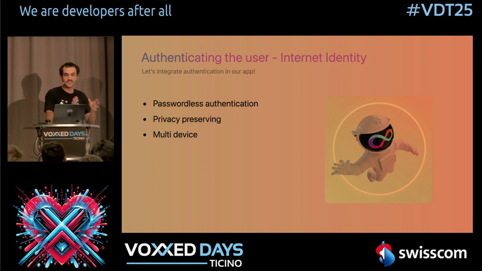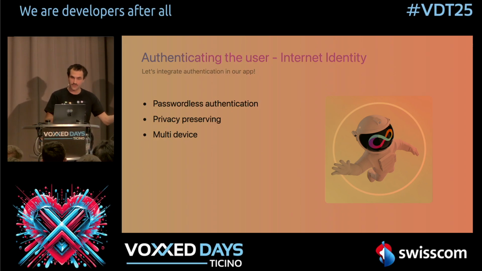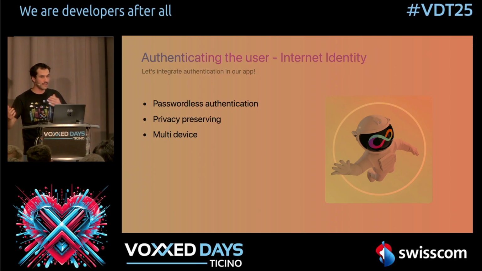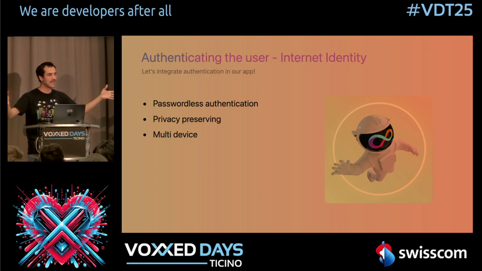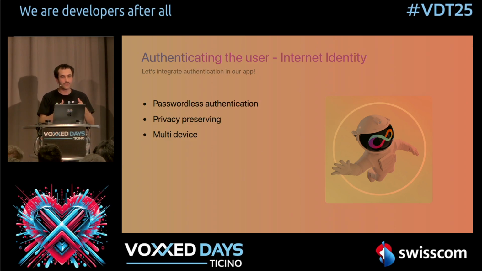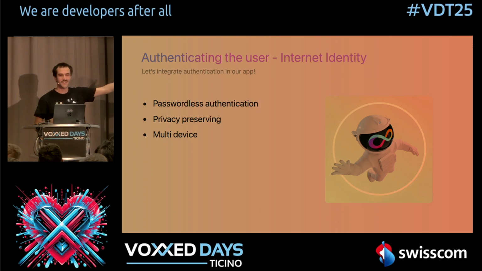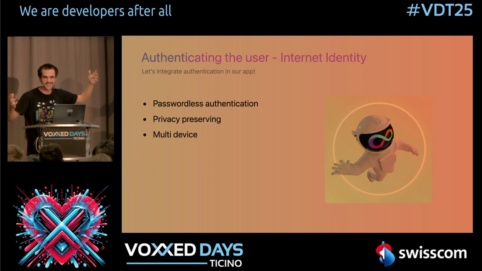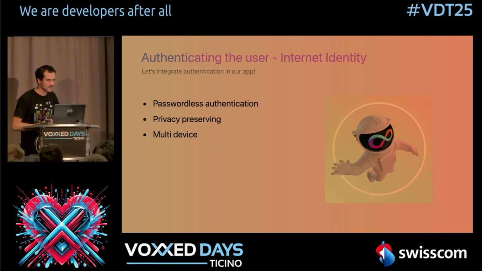And again, since we use passkeys, if their device has a biometric authentication system, or if they have a security key, they can use any device and link it to the same identity. So they can access the same application across multiple devices. So the astronaut, why the astronaut? That's just because it's the logo of the Internet Identity. So this is our first key ingredient.